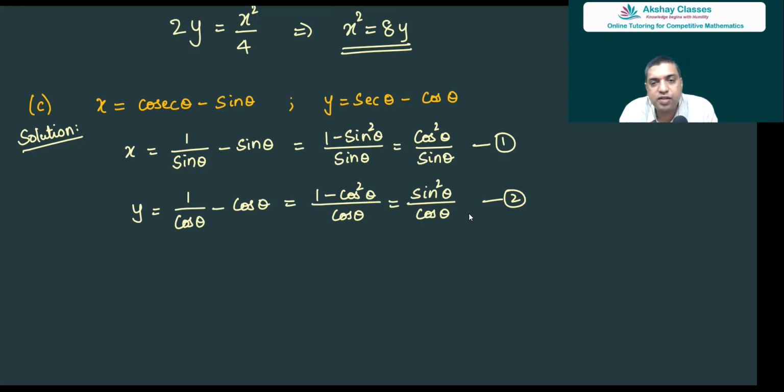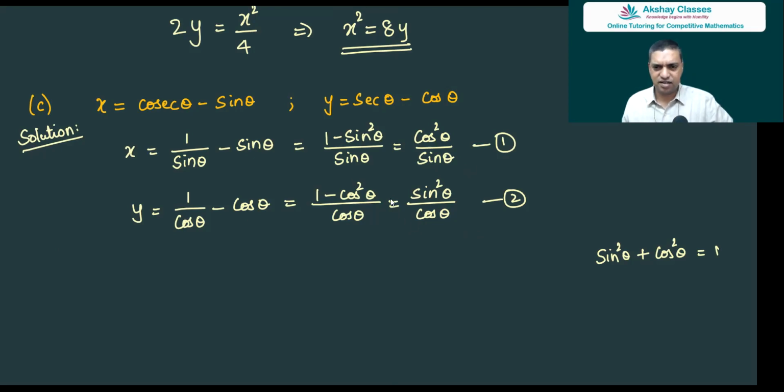Now this is cos square theta by sine theta and sine square theta by cos theta. This is a difficult one to do now. How to eliminate? We have to use sine square theta plus cos square theta equal to 1. This one is a little tricky. If I add, I get cos cube theta plus sine cube theta by sine theta cos theta.